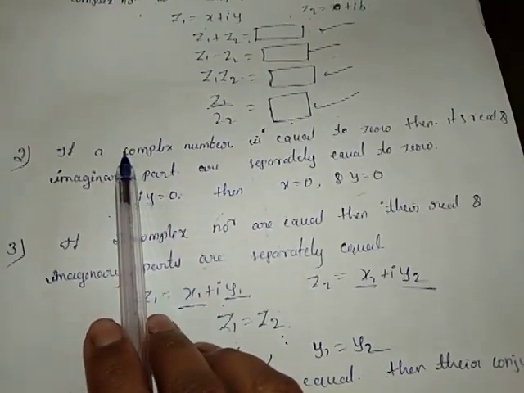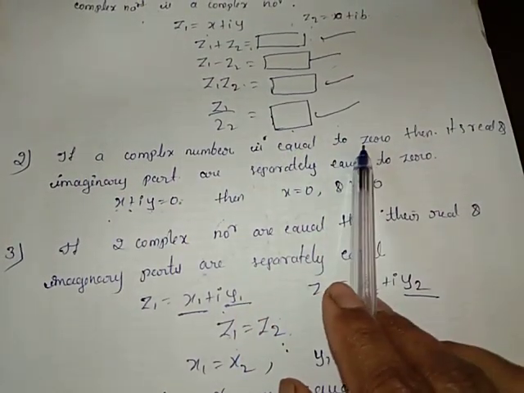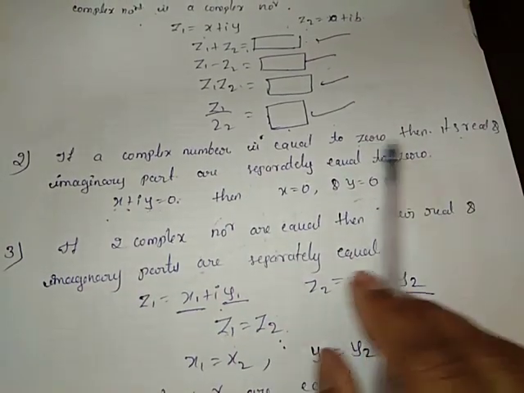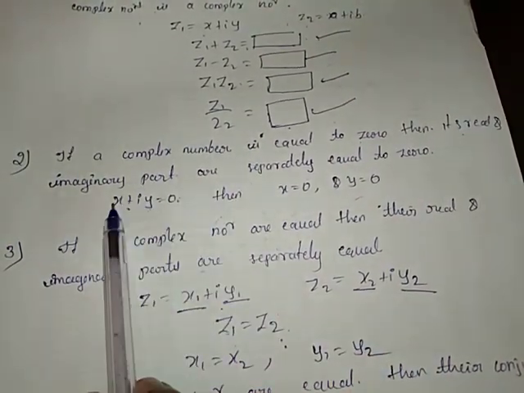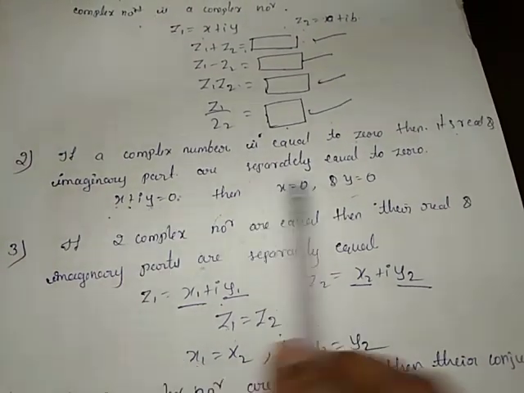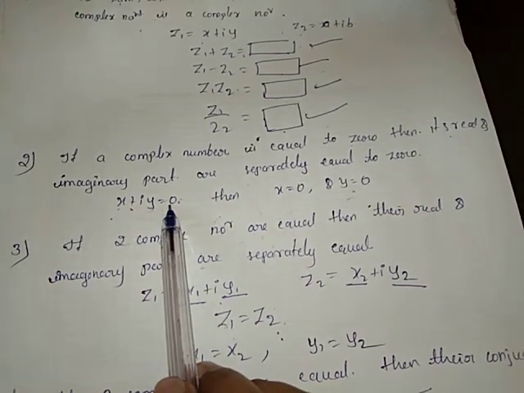The second property says that if a complex number is equal to 0, then its real and imaginary parts are separately equal to 0. If x plus iy is 0, then both x and y should be 0.